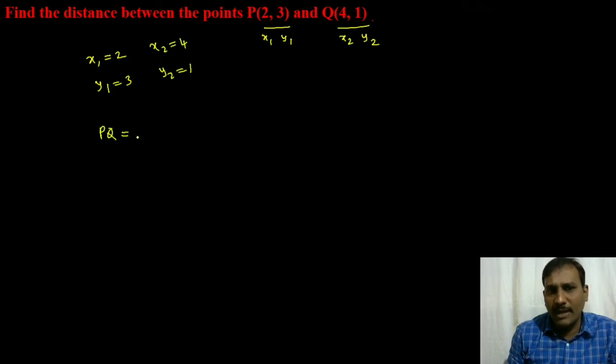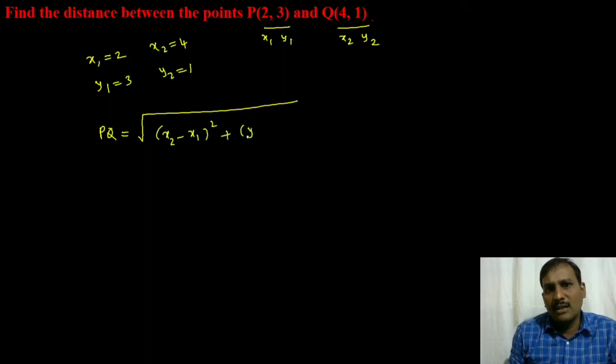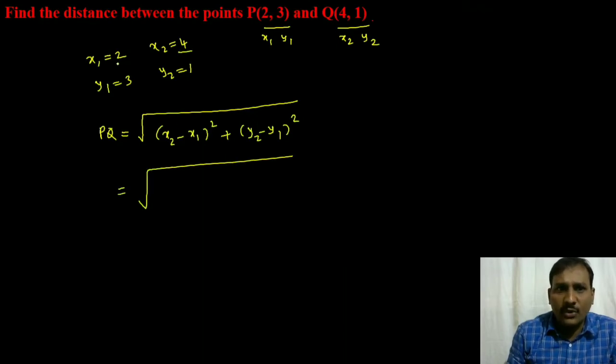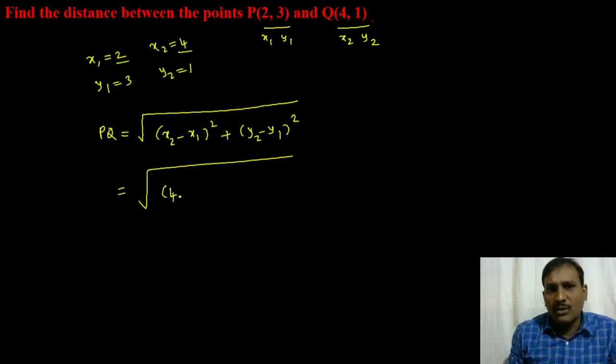It is denoted by PQ, and the formula is under root (x2 minus x1) whole square plus (y2 minus y1) whole square. So that is equal to (4 minus 2) whole square plus (1 minus 3) whole square. What is 4 minus 2?